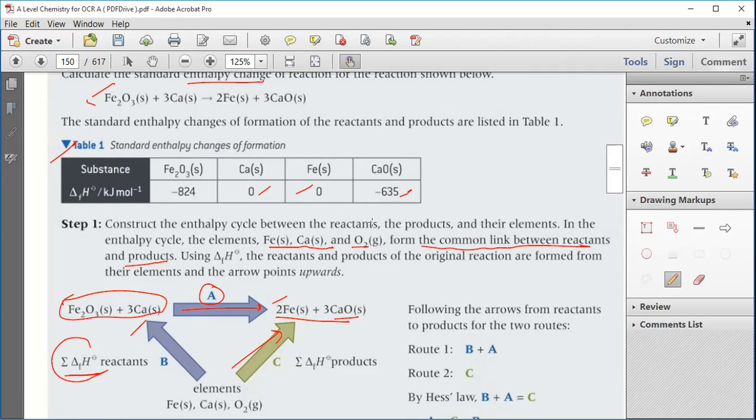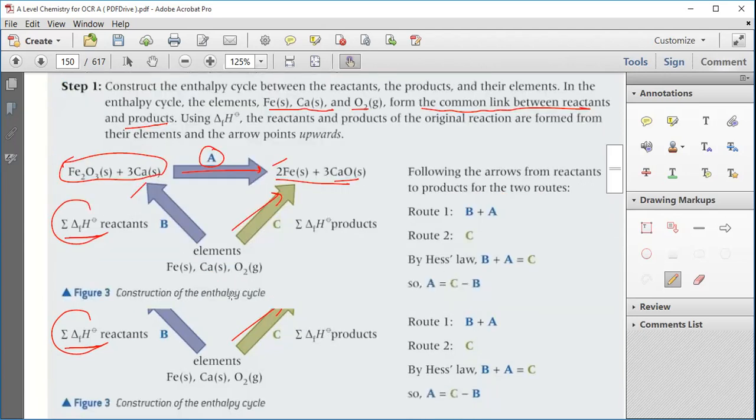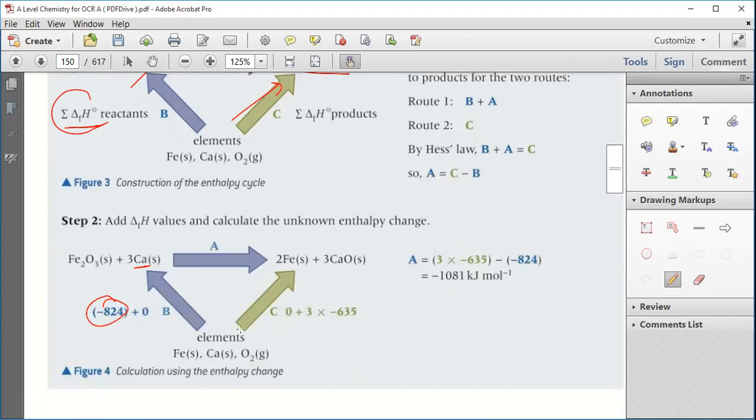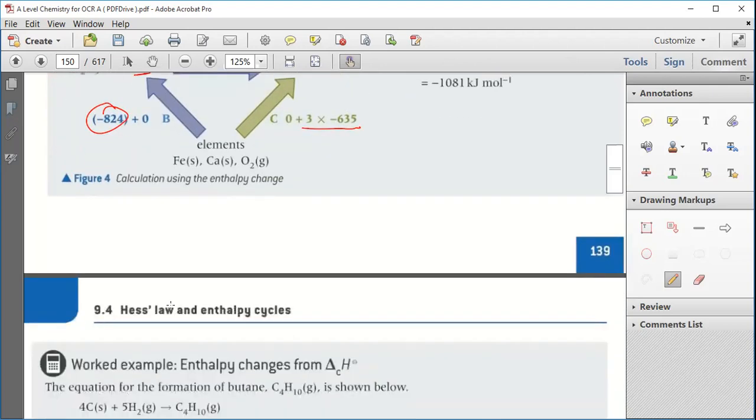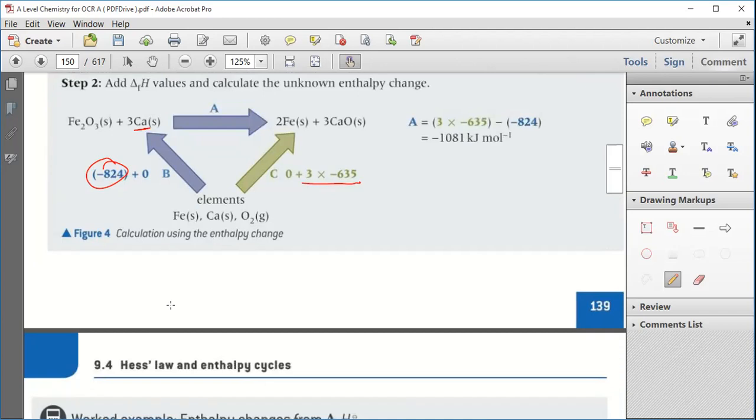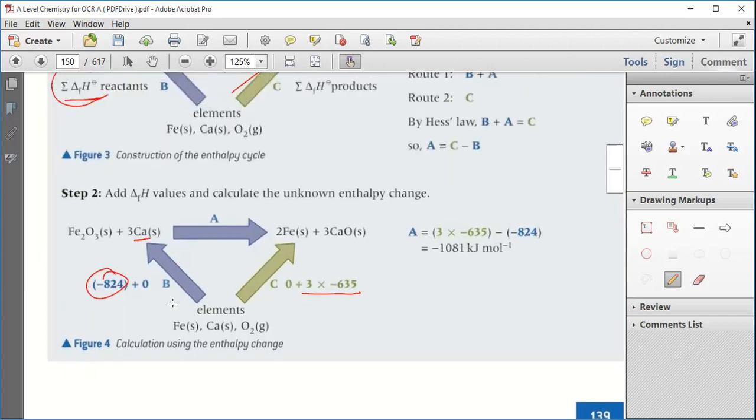Now calcium oxide is minus 635. Now going from B to A, you have to multiply by 3, 3 into calcium oxide, so you will get some value. So multiply this and solve them, equate them, you will get your answer. So B plus A is equal to C.